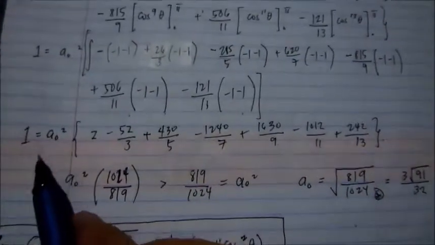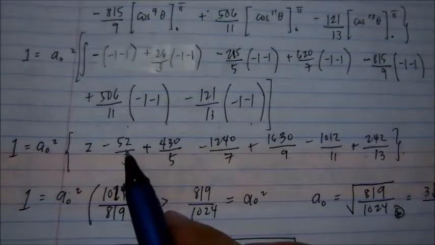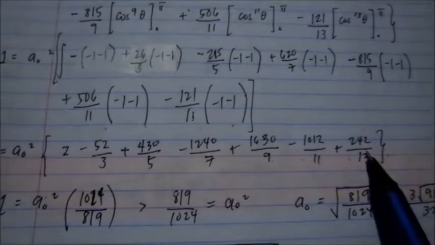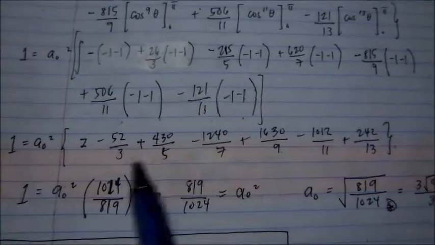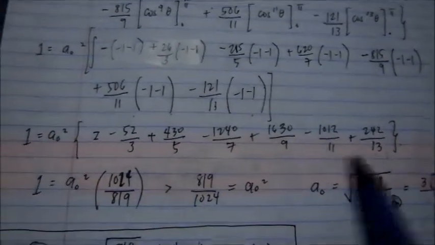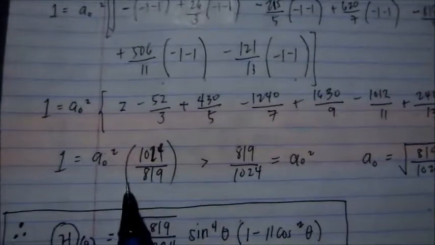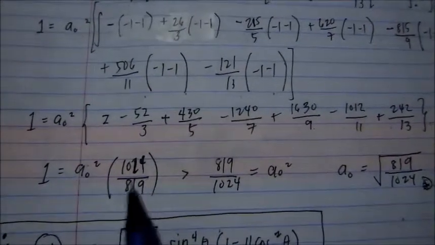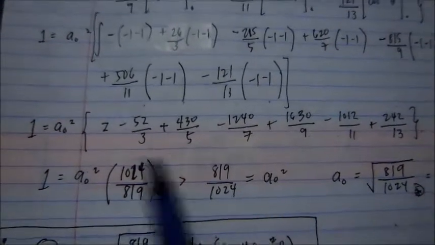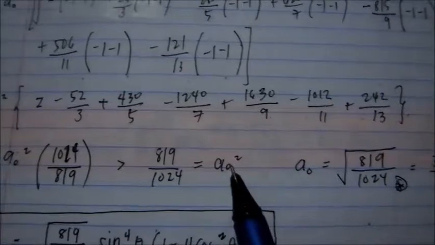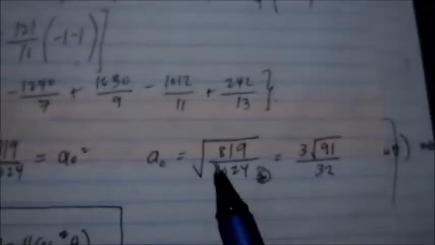Okay. Next, getting the values of those, we have this. And for further calculations, do this on your calculator. We have this 1034 over 819. So there. Isolating a sub 0 squared, and then finally getting a sub 0.